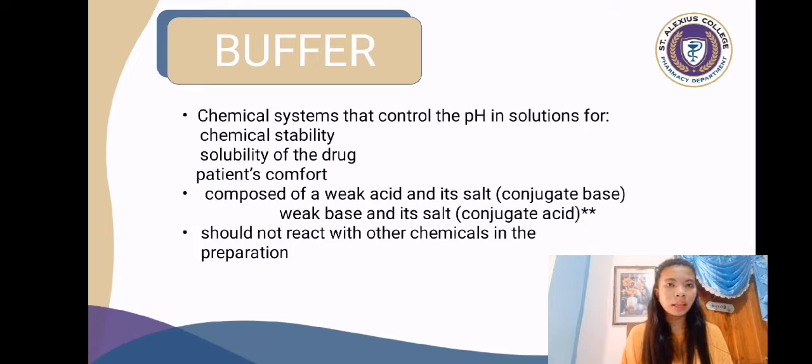That's why we use buffers to maintain the pH of a chemical, so that no matter how long we store that chemical, its pH does not change. That's the use of the buffer. So, there are buffers that are composed of a weak acid and its salt, which is called the conjugate base.